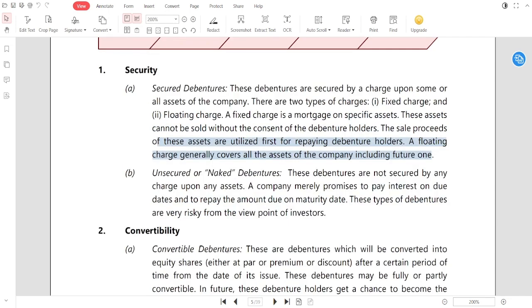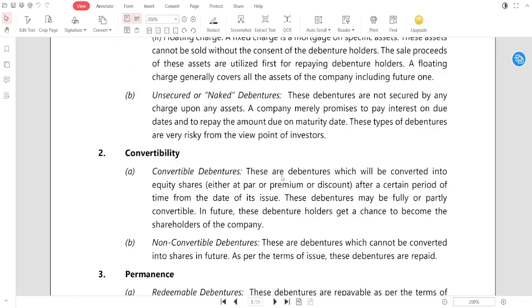There is no asset charge on those debentures, so it is called a no-asset-charge debenture, meaning there is no security. If the company defaults, your money goes into loss. That's why it is called a no-asset-charge debenture. Clear? That is called the unsecured debenture.